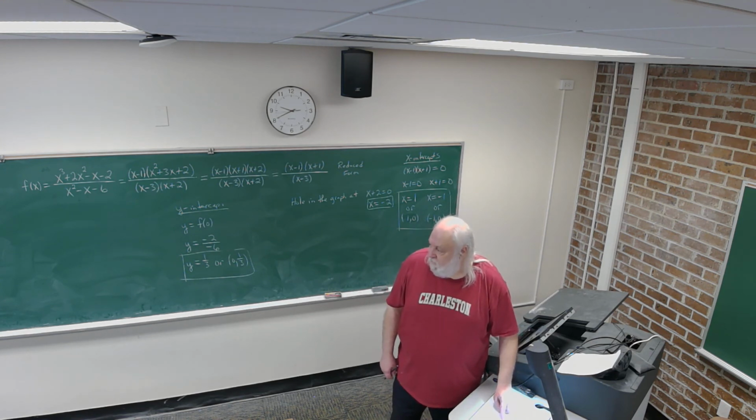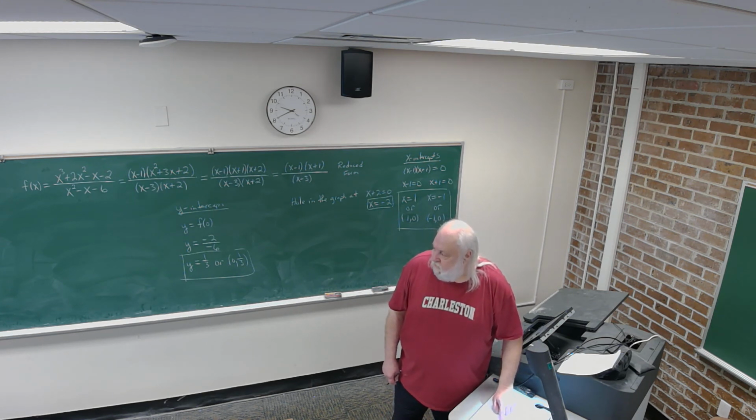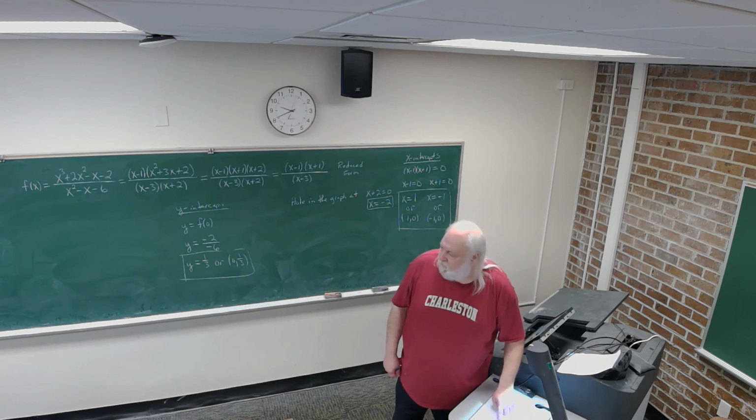In mathematical notation, we write f of x approaches the number 2 as x decreases without bound, goes to minus infinity. Conversely, we can write y approaches the number 2 as x decreases without bound, goes to minus infinity.